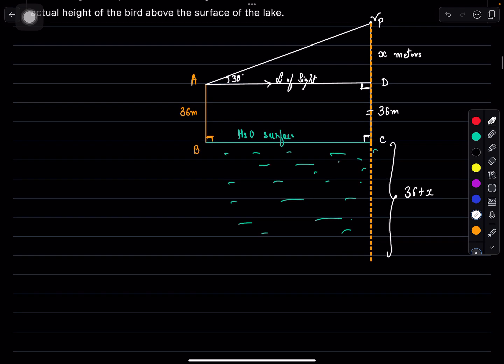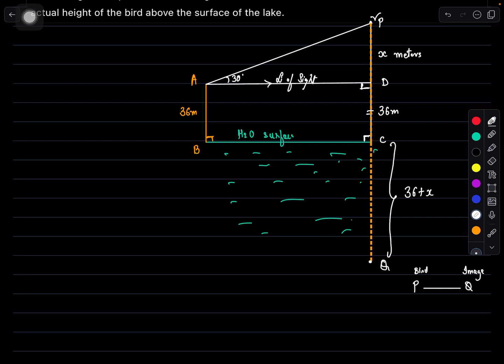This point here we want to call point Q, which is the image of P. So Q is the image of P. P was the bird, and Q was the image of the bird. This is the mirror that we have.